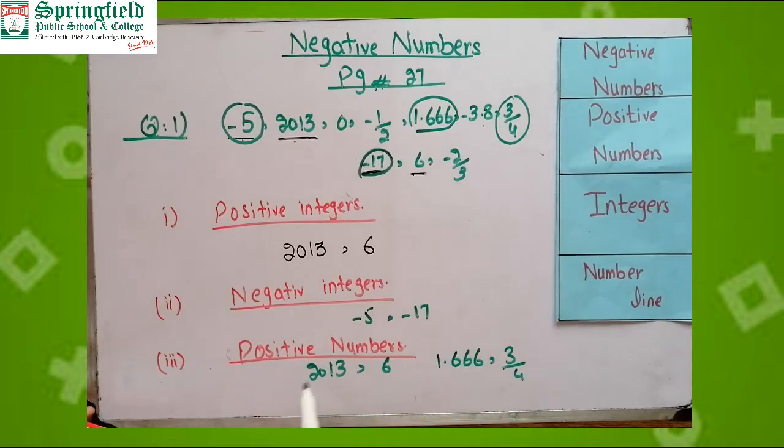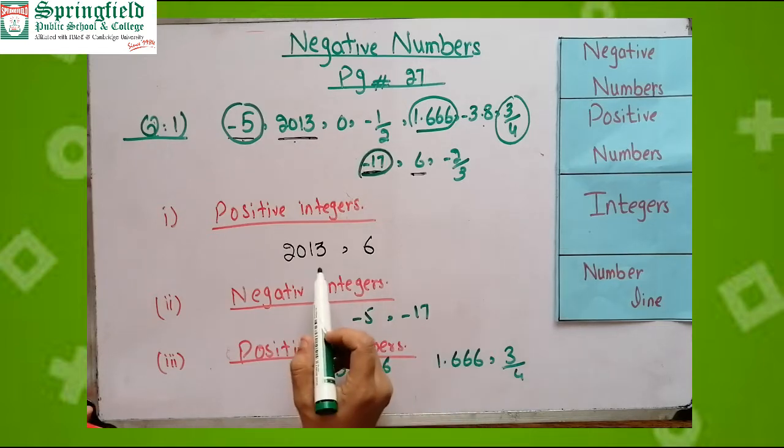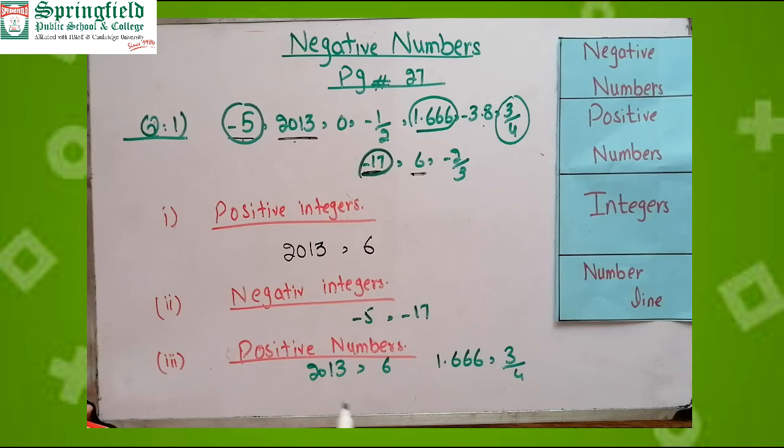So every integer is a number, but not every number is an integer. Fine. These are the positive numbers.